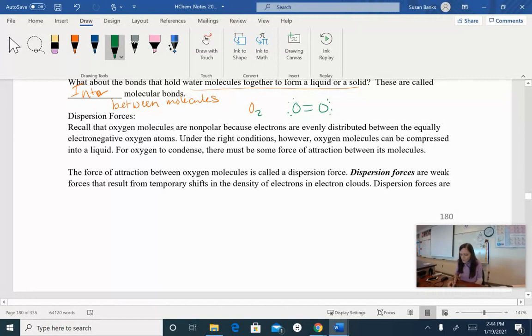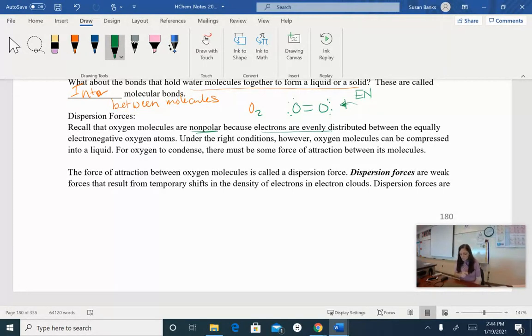We know that oxygen molecules are nonpolar because those electrons are evenly distributed between the equally electronegative oxygen atoms. These electrons are all going to be shared evenly. We have the same electronegativity values for both oxygens. So these electrons are going to be even, no poles, okay?